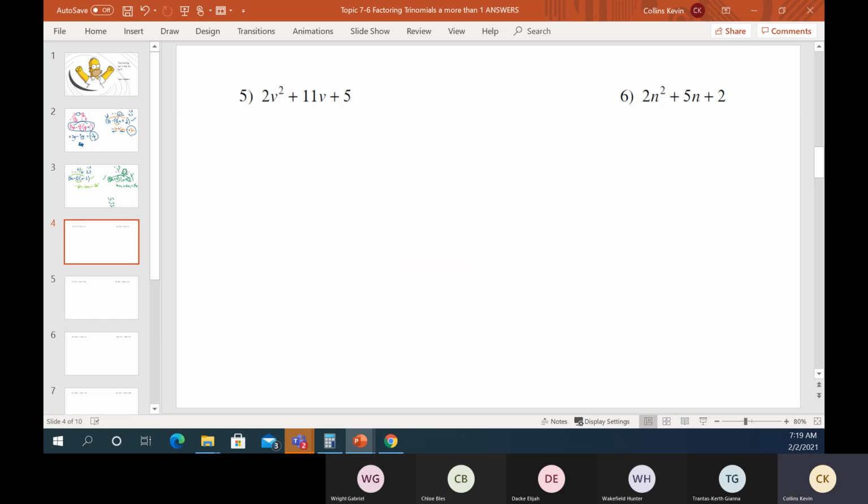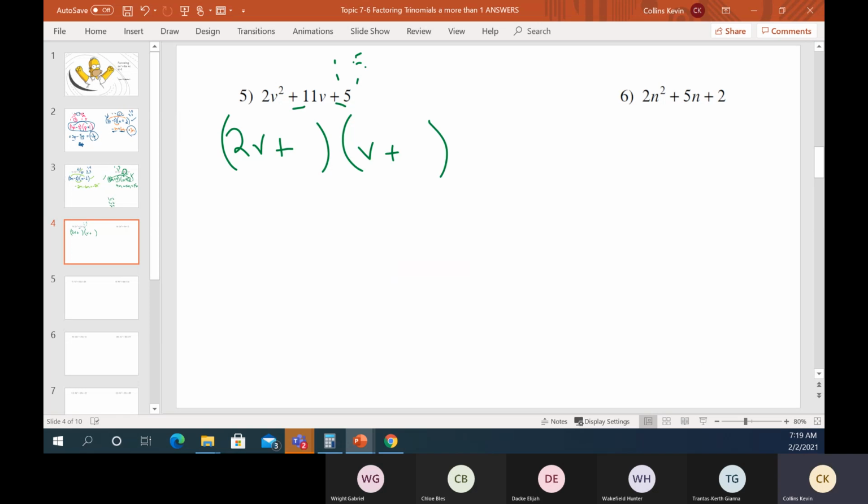Okay, so this guy, we've got a 2 up front. So again, one of these has to be 2v, and the other one's just going to be 1v. Here's our 2 pluses. So that's a plus and a plus. Now, the only numbers that we can have here, the only factors here are 1 and 5, right?